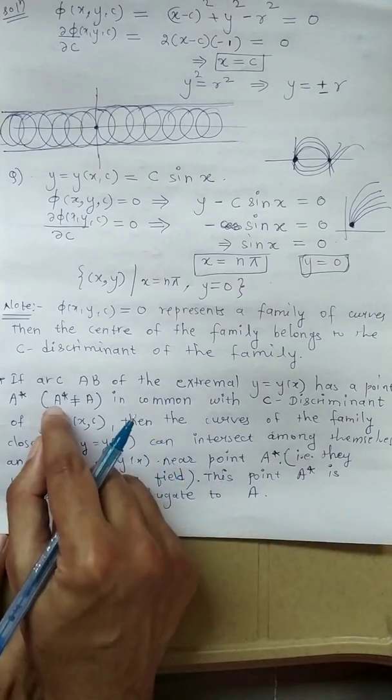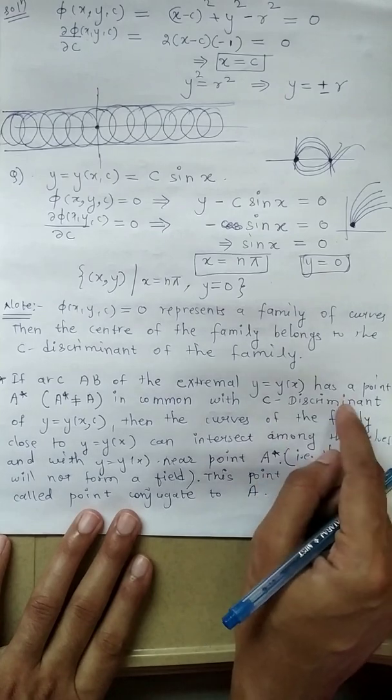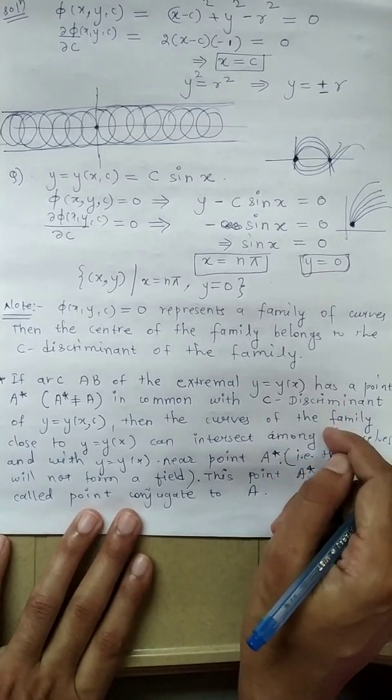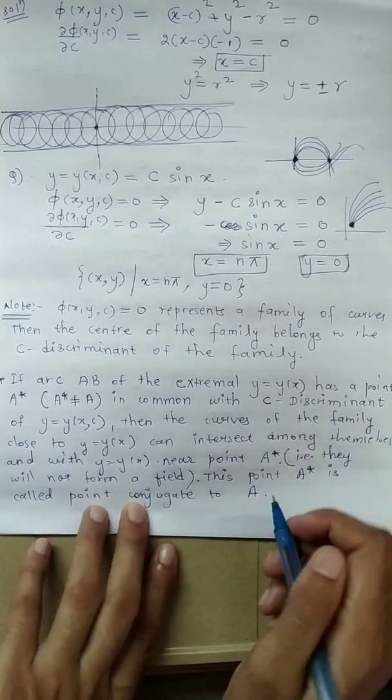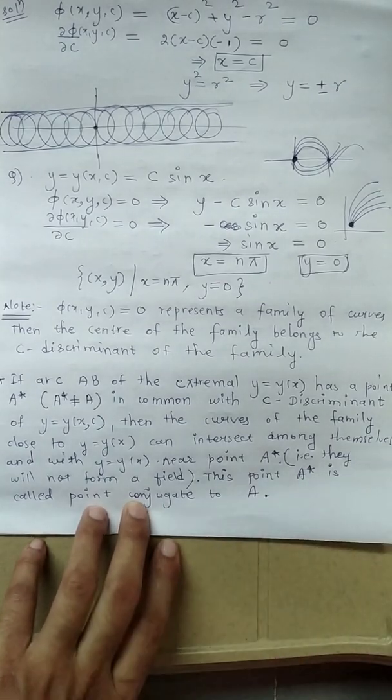That point A star, which is in common to the C discriminant, is called the point conjugate to A, and it is denoted by the symbol A star.